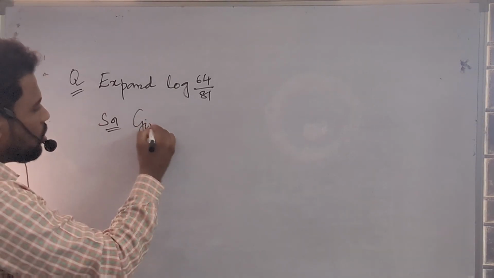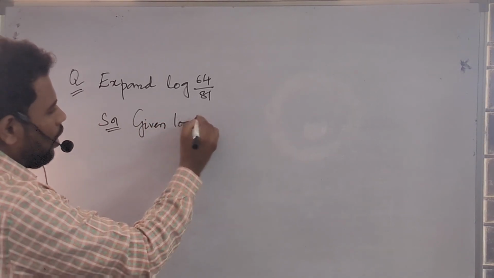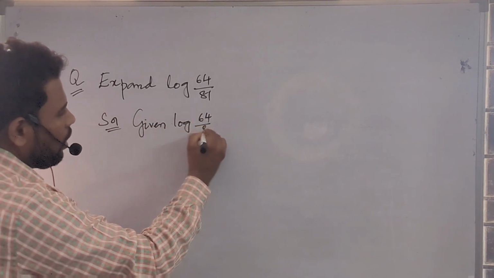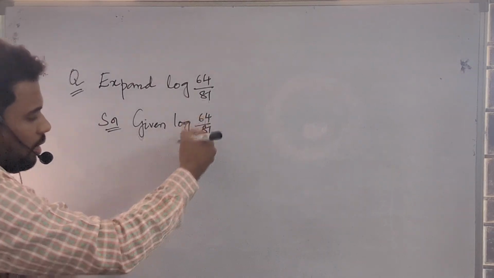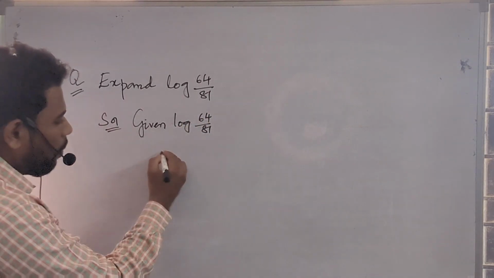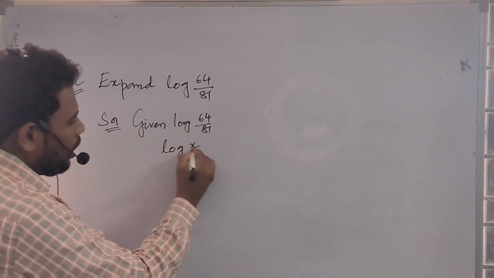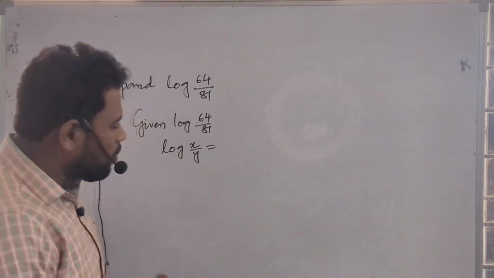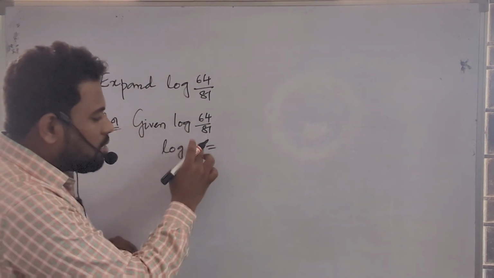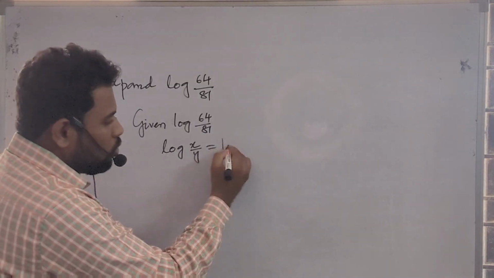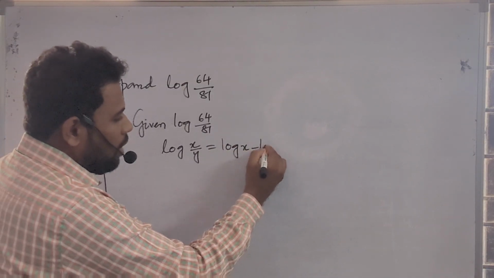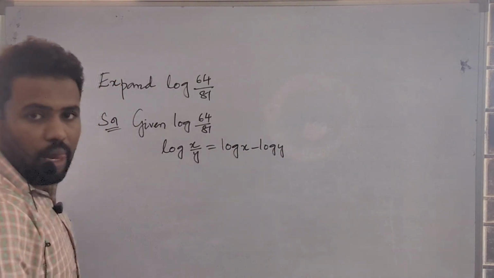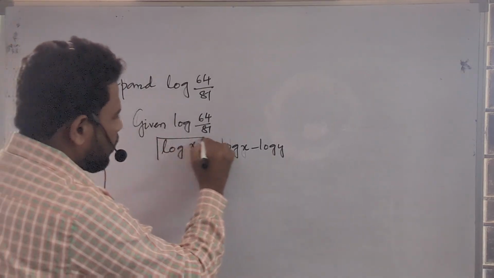So what is the given information? Given log 64 by 81. Here it is in the form of a division, so we are going to apply this formula: log x by y. What is log x by y? Log x minus log y.